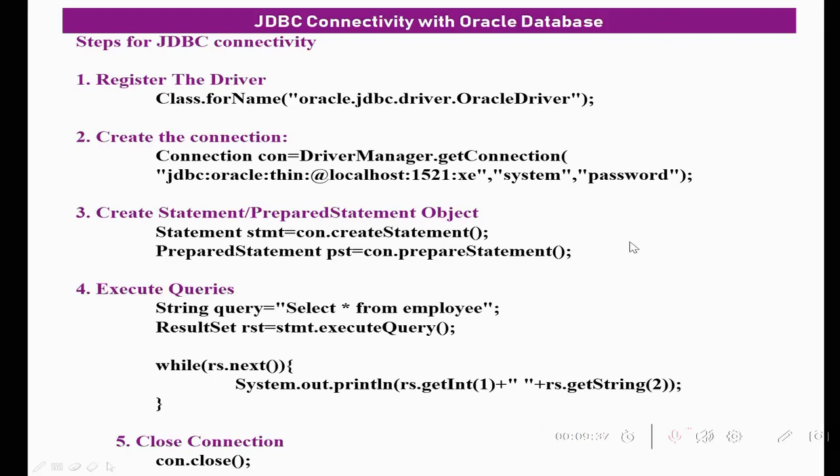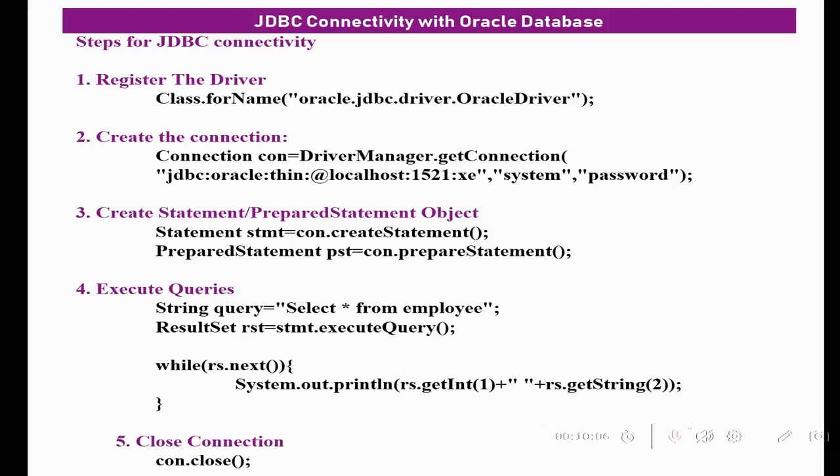Now what will be the steps for connecting the JDBC API with Oracle? The first step will be to register the driver. How will we register our driver? Class.forName with our driver name, that is oracle.jdbc.driver.OracleDriver. Now the second step is to create the connection object.